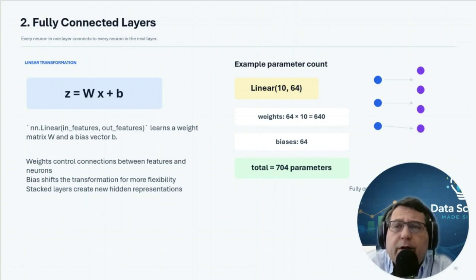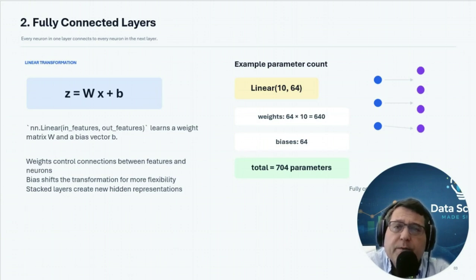Mathematically, a linear layer performs the transformation Z equals W x plus B. Here X represents the input vector, W represents the matrix of weights, and B represents the bias vector. The weights are extremely important because they determine how the network combines the input features. The bias gives the transformation additional flexibility by shifting the output.